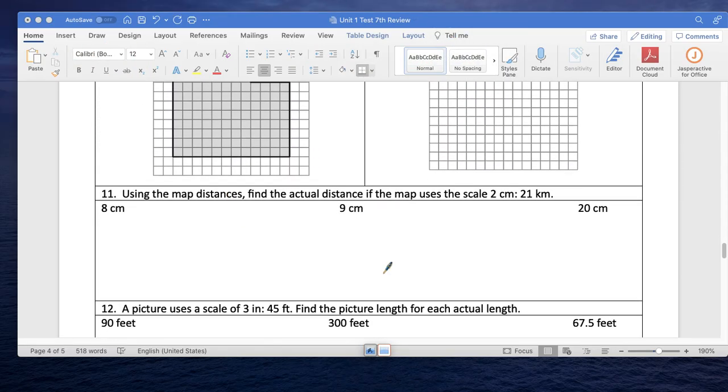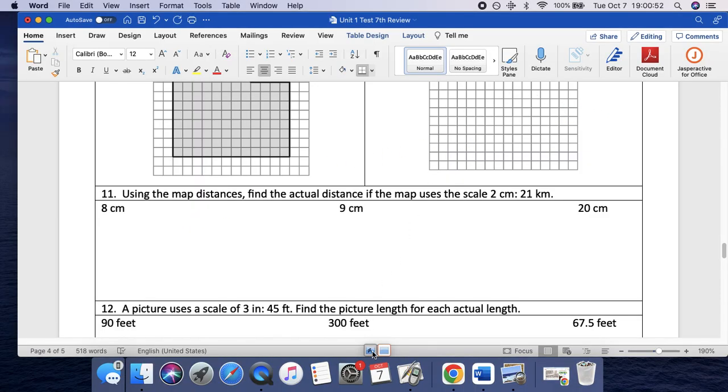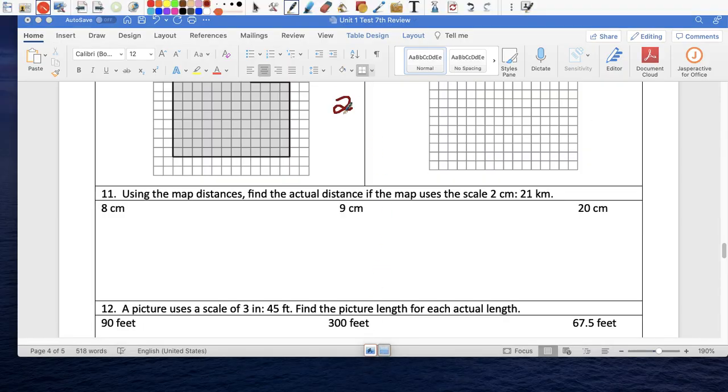Use the map distances. Find the actual distance. The map uses a scale of 2 centimeters to 21 kilometers. Here is our scale. You don't have to, but you may want to change it to a unit rate. So instead of 2 to 21, you want to change it to 1 centimeter.